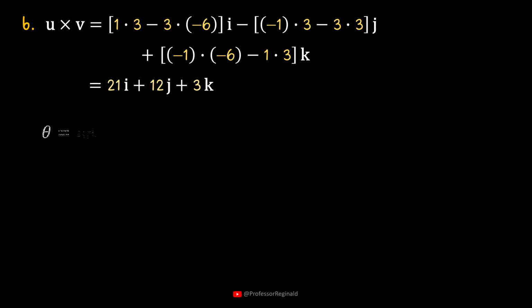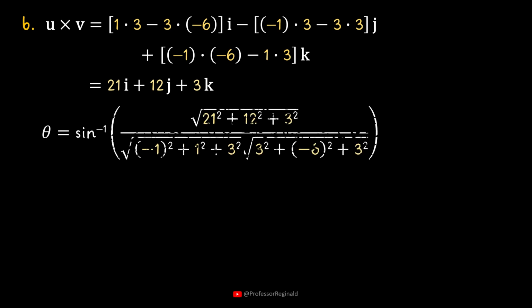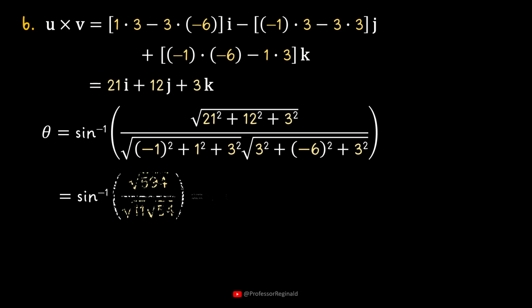Use the derived expression for theta. Therefore, theta is pi over 2 radians or 90 degrees, which means u and v are not parallel, specifically, they are perpendicular.